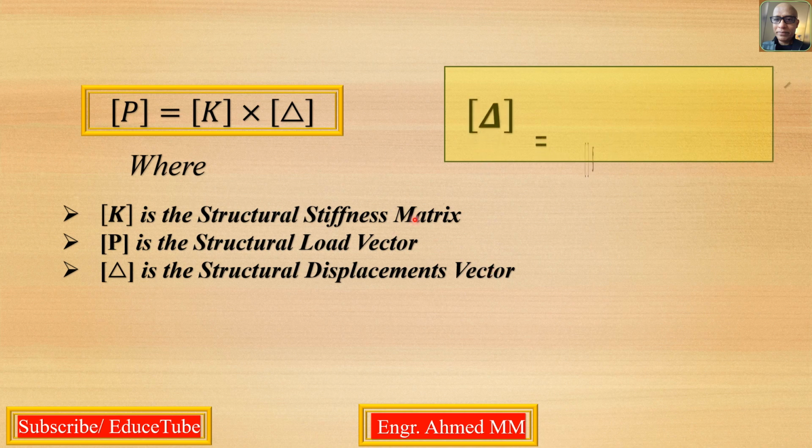The structural displacement vector can be determined from the product of these two: one is the inverse of the structural stiffness matrix, another is the structural load vector. Let's move ahead to see details of it.